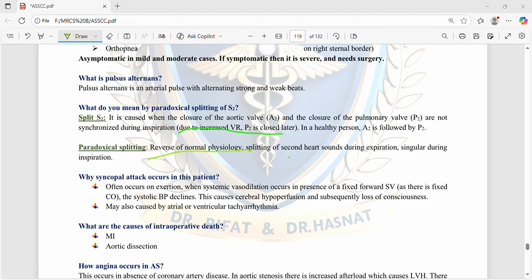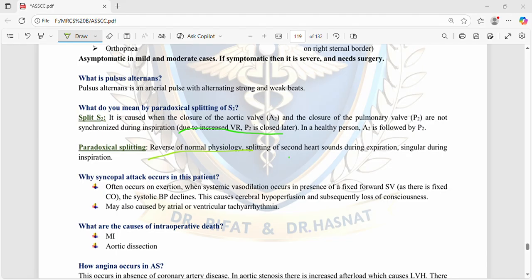Normally the right sided cardiac output is increased during inspiration and left sided cardiac output is increased during expiration, because the chest cavity is compressed during expiration and pushes the blood into the left ventricle, as I said earlier.